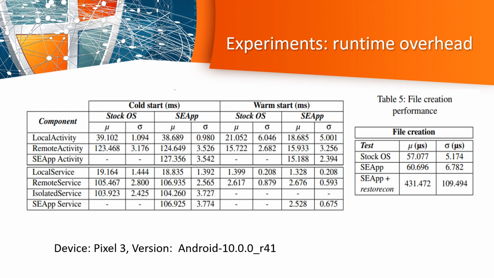In table 5, we can see that the performance of a stock version of the OS and ACApp are equivalent. We also observe that the apps willing to benefit from intra-app isolation features get, from the use of ACApp, the same performance they would get from the use of a remote component.